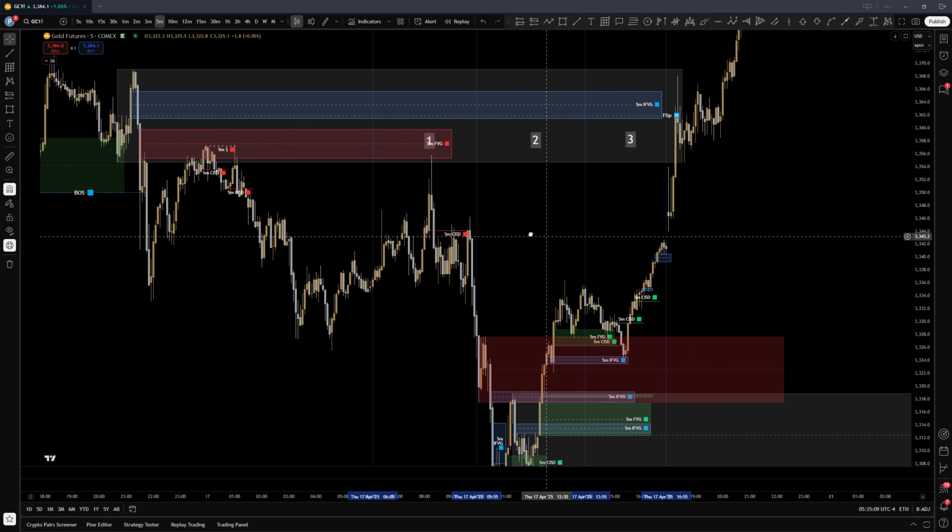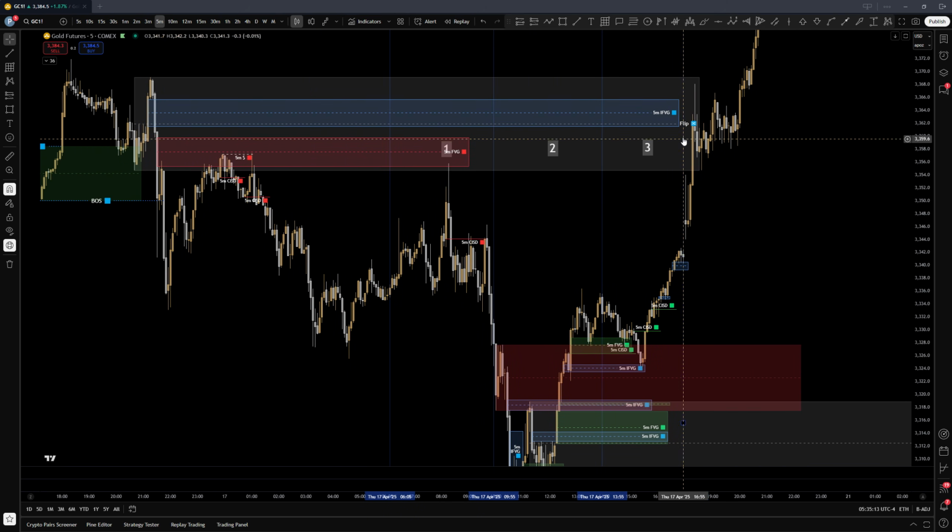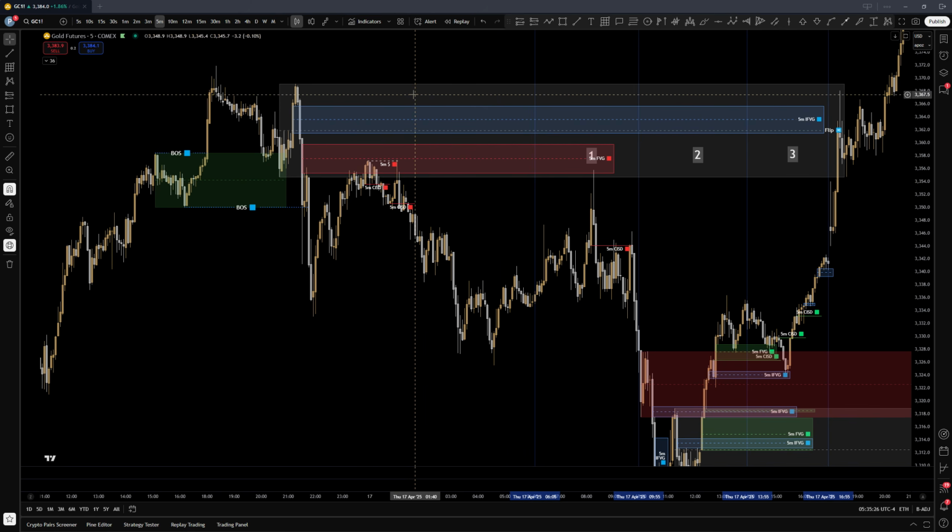Also wanted to draw your attention to when the flip zone gets revisited way over here, look what happens. We come back into the zone, we then do get some rejection and then some consolidation before price continues. So you can see that this is a strong zone. And why is this a strong zone?